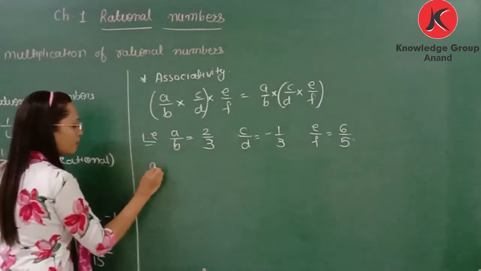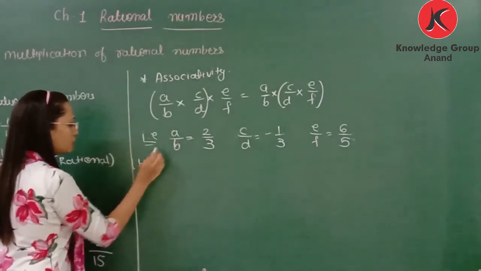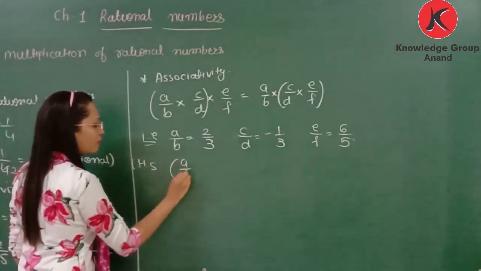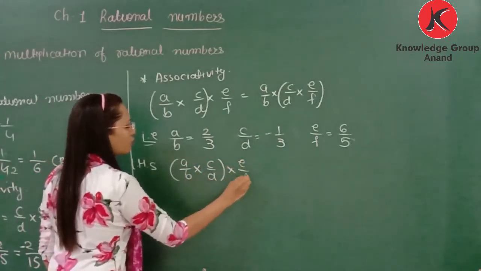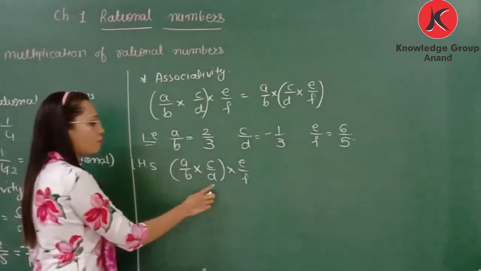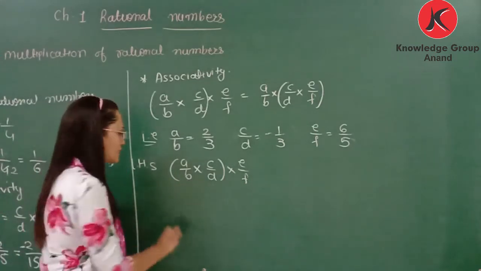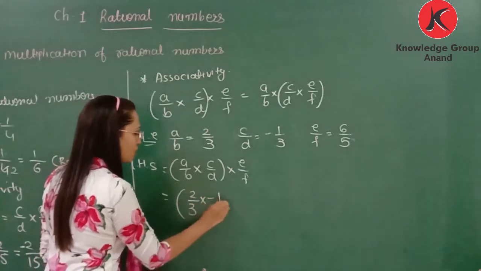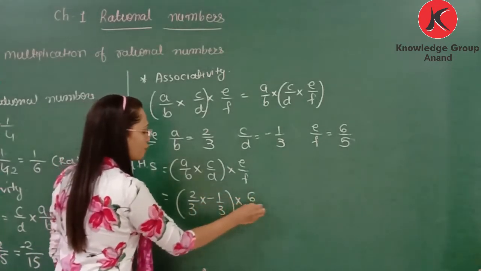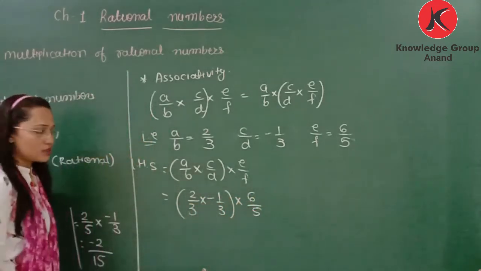Now, let's check the left hand side. So that is a by b multiplied by c by d, then e by f. Okay. So here we will find first the group of first and second. So it is 2 by 3 multiplied by minus 1 by 3, and 6 by 5 will be at the last.